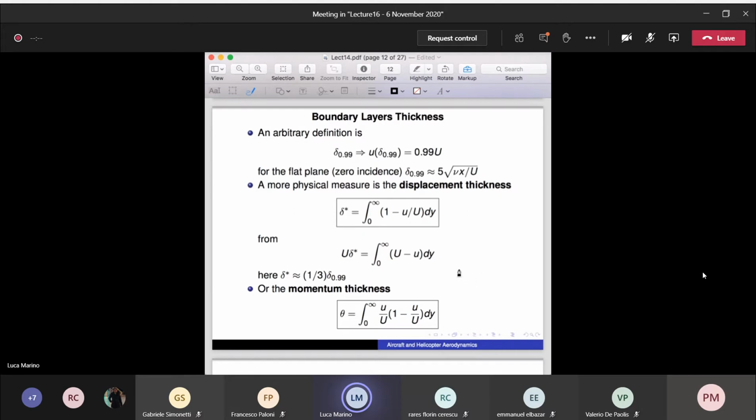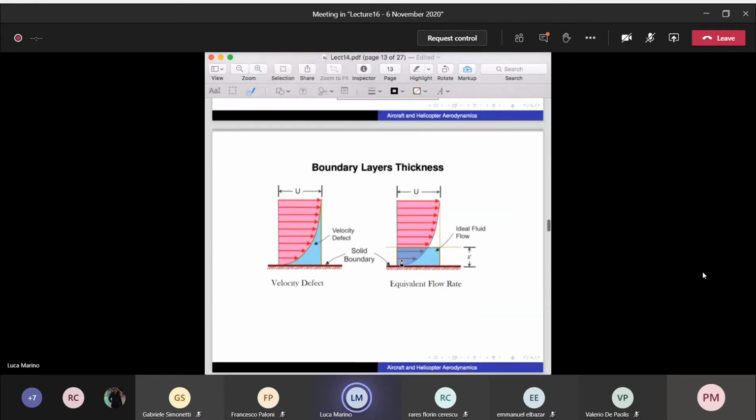So if we take into account the boundary layer, okay, for a given distance from the wall, after this effect of the boundary layer, we will have a lower mass flow rate with respect to the case where the boundary layer is neglected, okay? So this is the sketch. So we have a velocity defect to which corresponds a loss of mass flow rate.